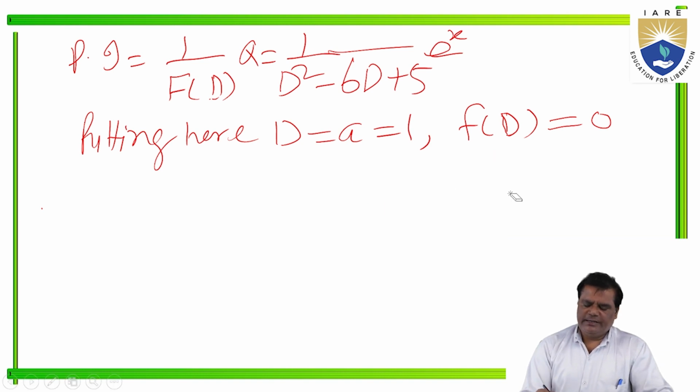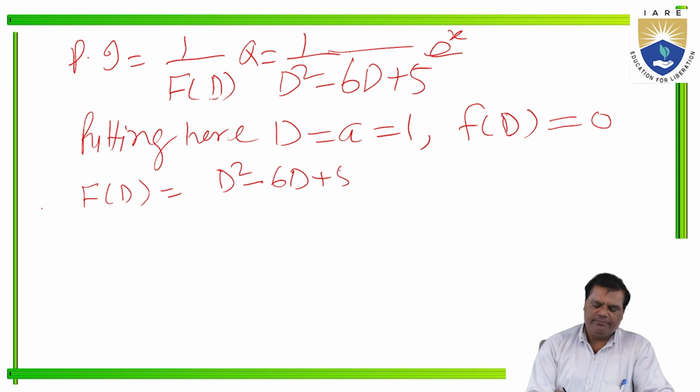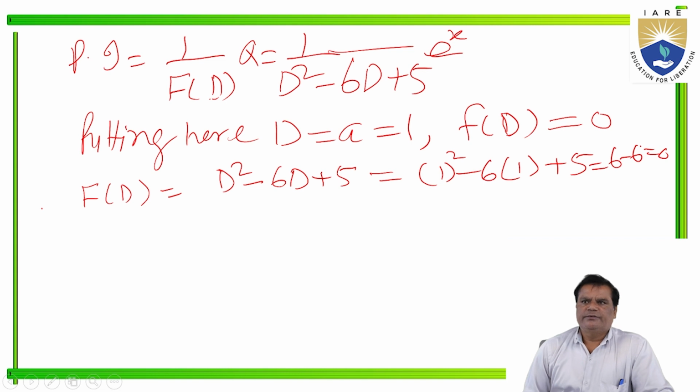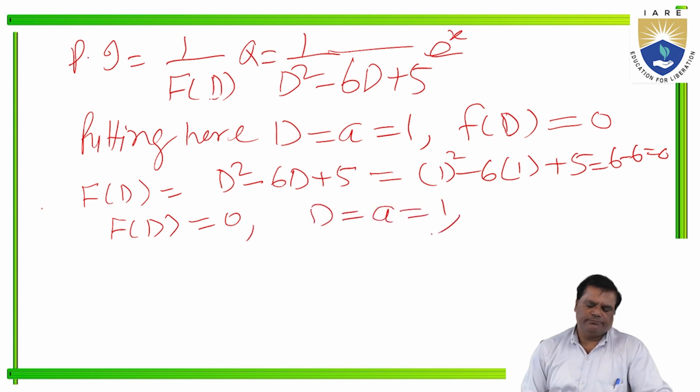We are taking here f(D), that means D square minus 6D plus 5. Putting 1 square minus 6 into 1 plus 5, so 6 minus 6 equal to 0. So f(a) must be 0, putting D equal to a equal to 1.